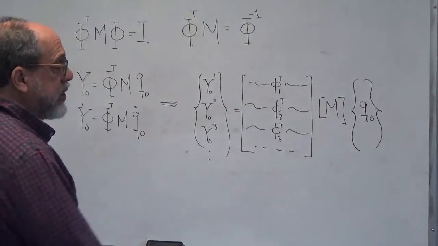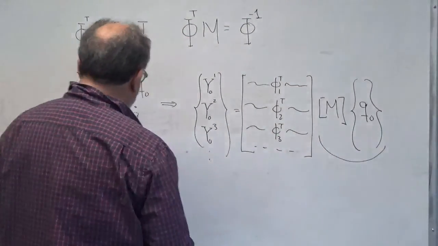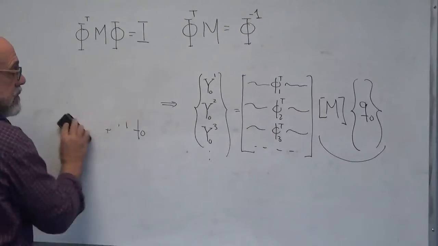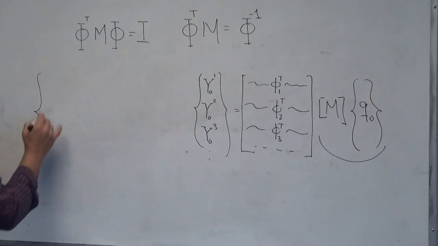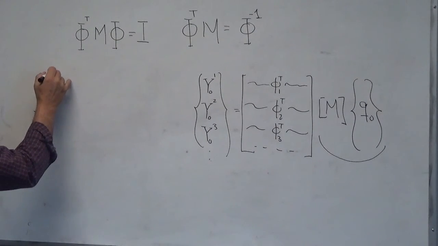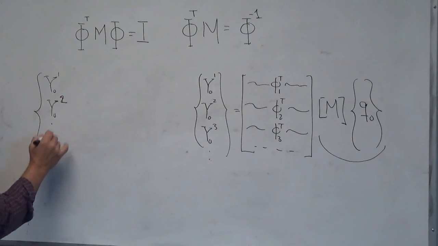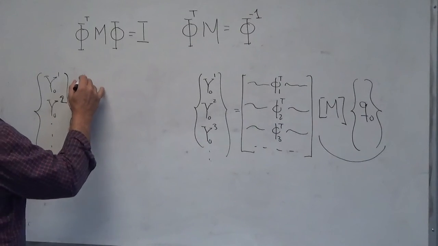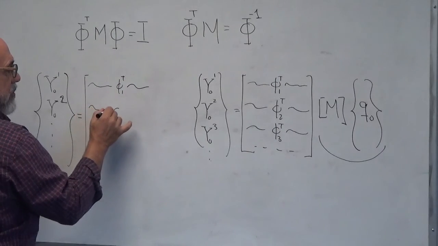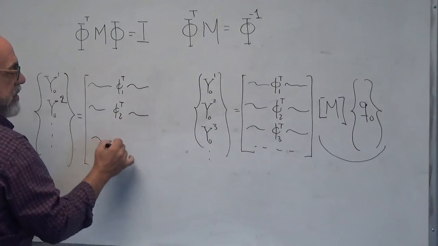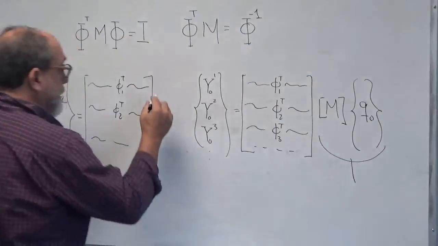If I multiply the mass matrix times q0, that is just a vector. Therefore, this is the same thing as saying that y01, y02, etc. is equal to phi1 transpose, phi2 transpose, etc. multiplied times this vector.